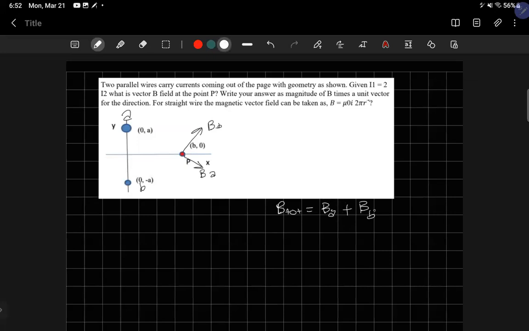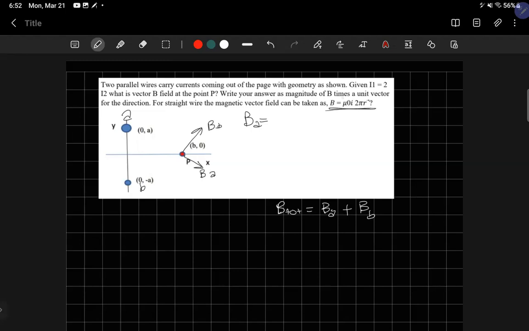Now, what is B sub A and B sub B? Well, it kind of gives you a lot of the answer in this part.